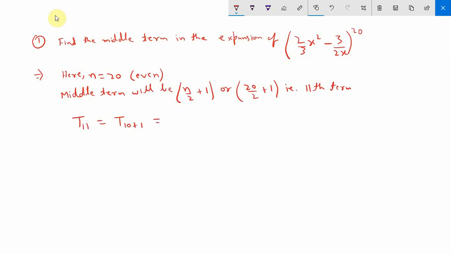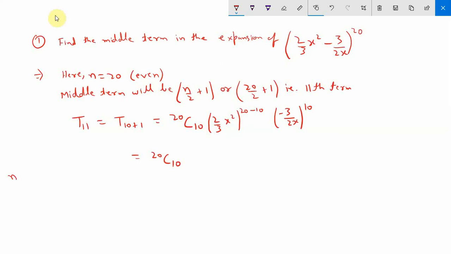So we will solve here, n equals 20. So 20C10 into (2/3 x squared) to the power 20 minus 10, into (minus 3/2x) to the power 10. And this we can expand as 20C10. I hope all of you understand combinations, how to expand this.